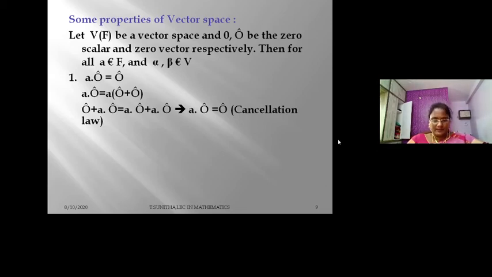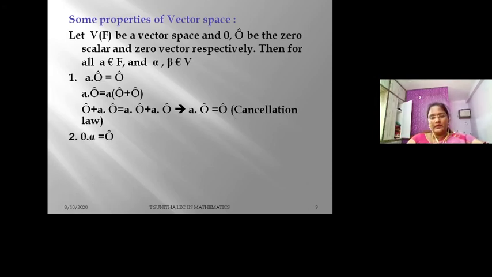How is it proved? See here, a dot 0 is equal to a of 0 plus 0. We can write it as 0 plus a dot 0, and by using distributive laws, a dot 0 plus a dot 0. So by the left cancellation law, a dot 0 is equal to 0. This is the first property.